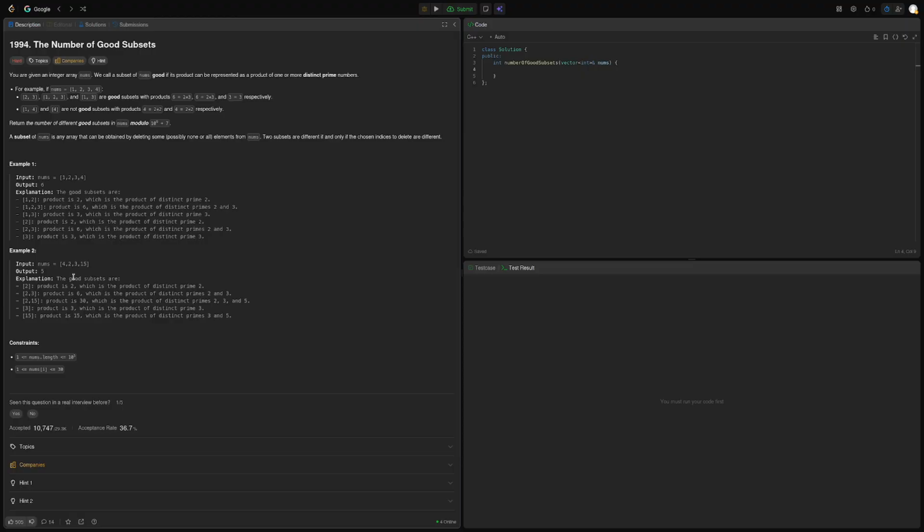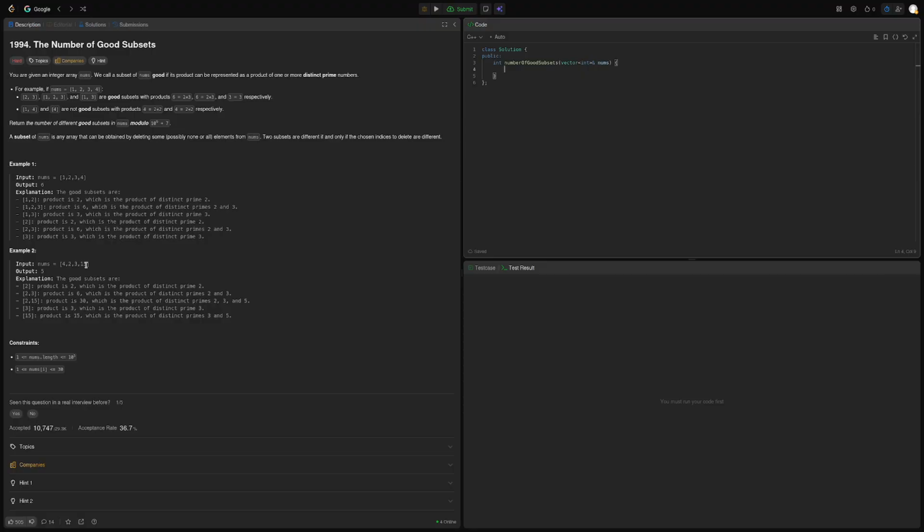So, for each position, we can compute the number of subsets from the first I elements which have some exact mask of prime numbers.